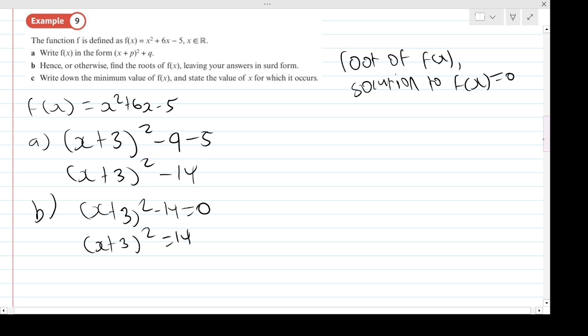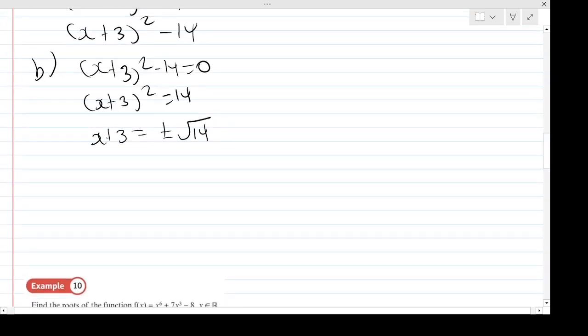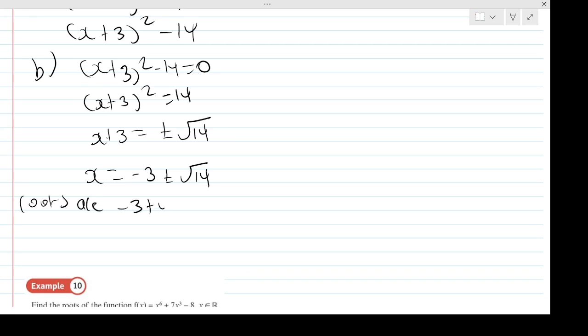Then I have a square number, so I can square root both sides, so x plus 3 is plus or minus the root of 14. Then I can take away 3 from both sides, so x is minus 3 plus or minus root 14. Well, that's our solution. So the roots of the function are minus 3 plus root 14 and minus 3 minus root 14.